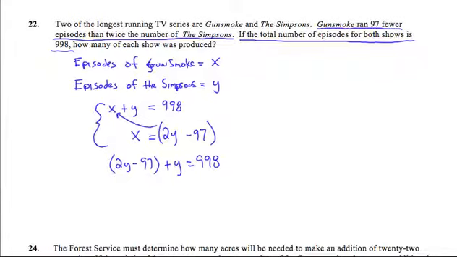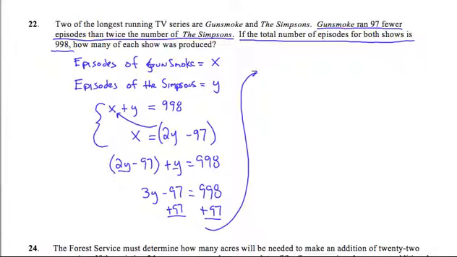Okay, now I'm just going to simplify the left side. Notice I can combine like terms here. 2Y, positive Y there, so that would be 3Y minus 97 equals 998. Okay, and then I'm going to add 97 to both sides. All right, so on the left side now I'd have just 3Y.